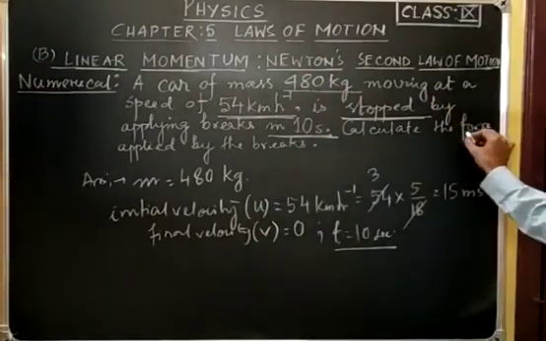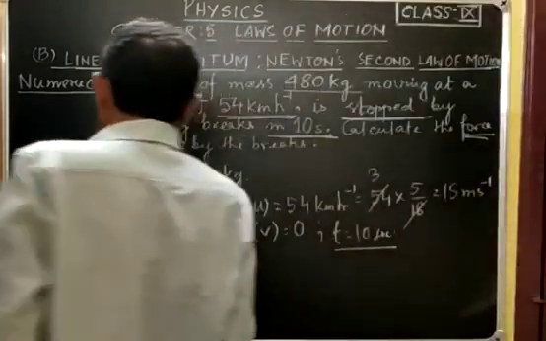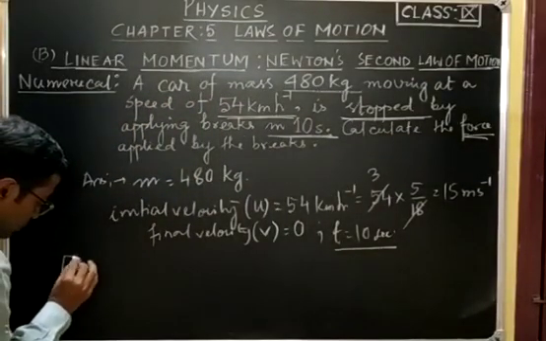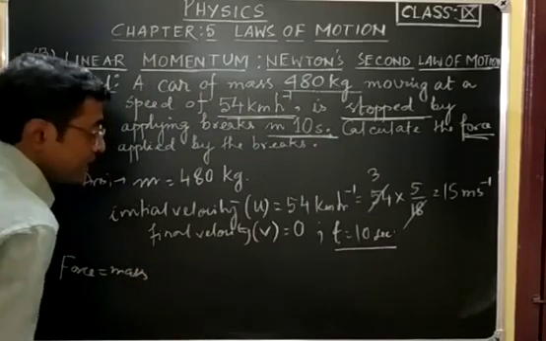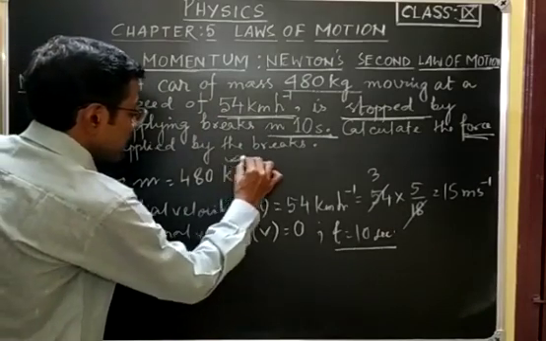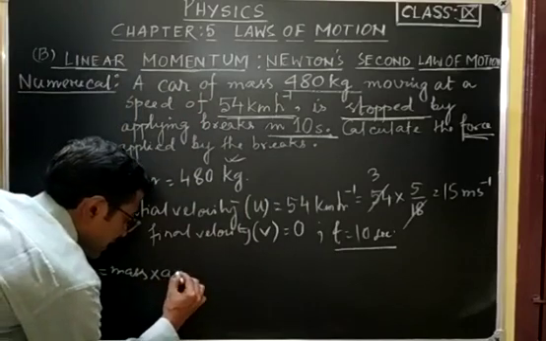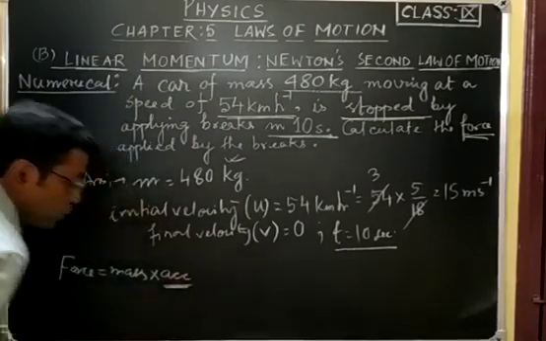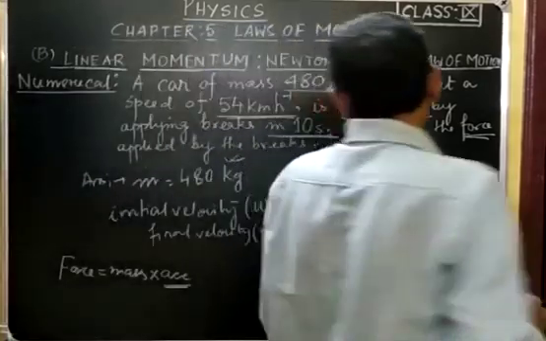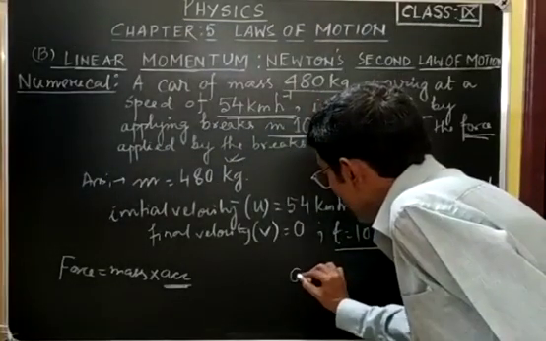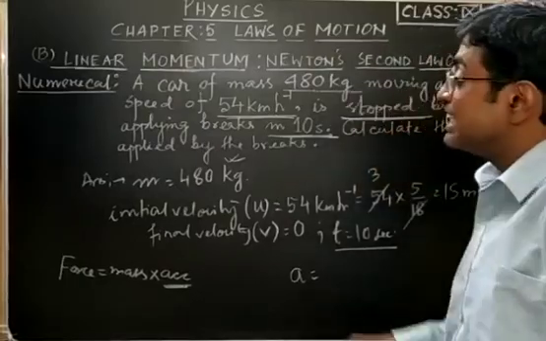Now calculate the force. Remember, for force, this is the plan I am following. Force equals mass, which is already given, 480, into acceleration. So what quantity don't we know here in order to find the force? Acceleration. So I'll find out the value of acceleration here.